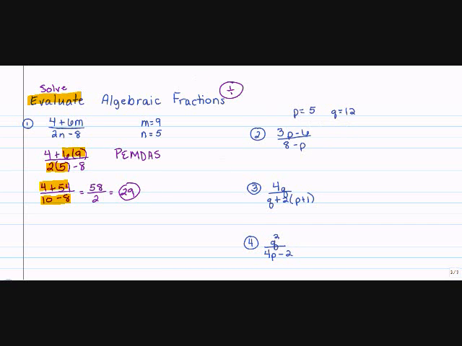For the next 3 problems, my P is going to equal 5, and my Q is going to equal 12. So let's go ahead and substitute. I have 3 times 5, because notice there's no sign here, so they're just pushed together.